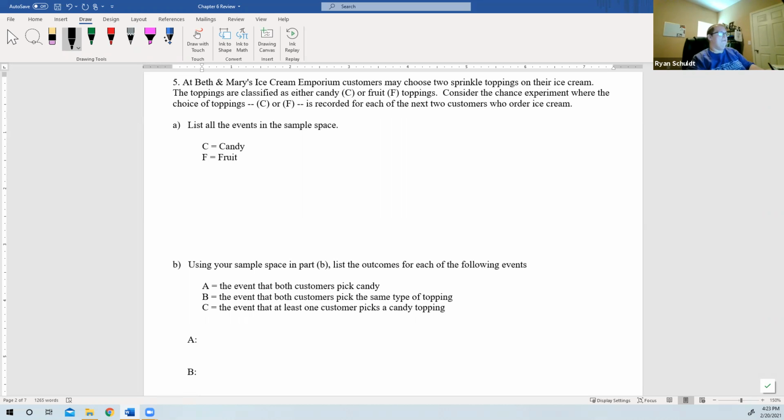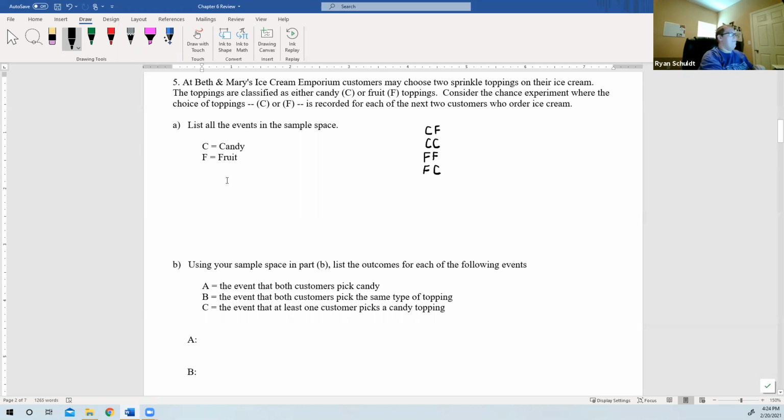The first customer could choose candy, second customer choose fruit. First customer choose candy, second customer choose candy. Now we've done all those options. So then we could say fruit, fruit, fruit, candy. Those are our options. See how there's only 2, so I repeat it twice to fit the 2 options in there.